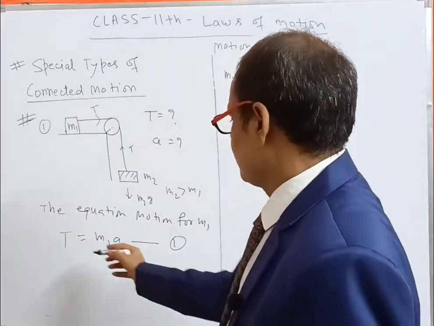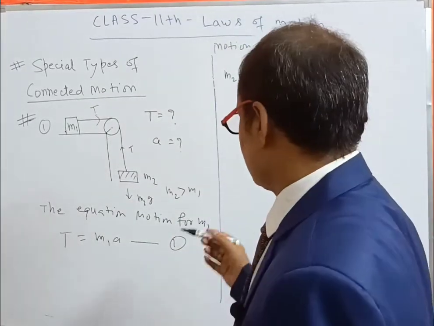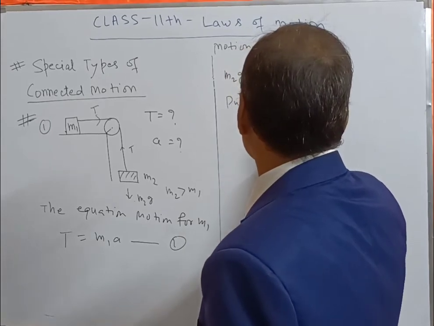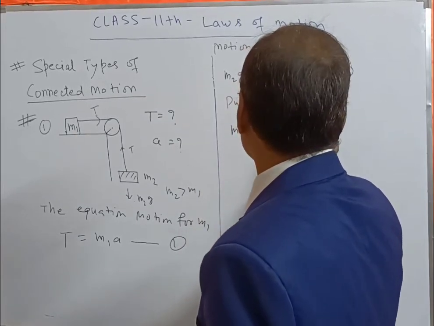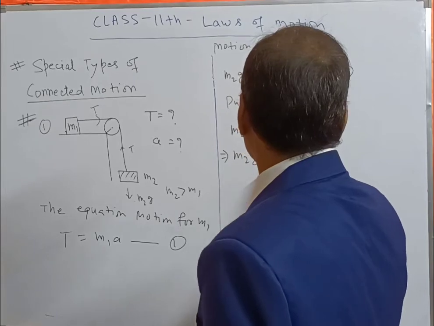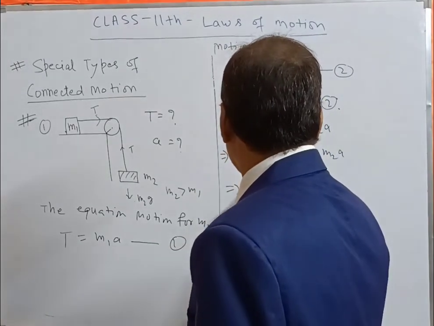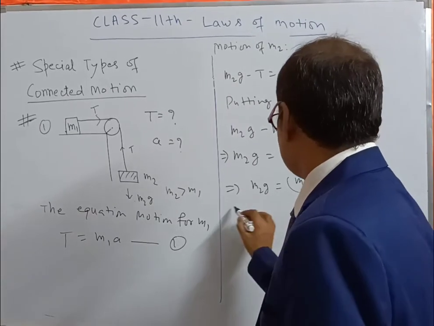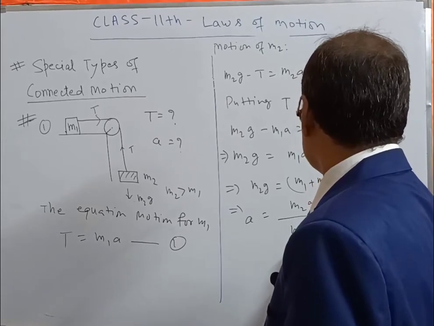We can put the value of T in equation 2 so that we can get acceleration A. So by 1 and 2, putting the value of T, M2G minus M1A equals M2A, so M2G is equal to M1A plus M2A. The common factor is A, so M2G is equal to M1 plus M2 into A, that is A is equal to M2G by M1 plus M2.